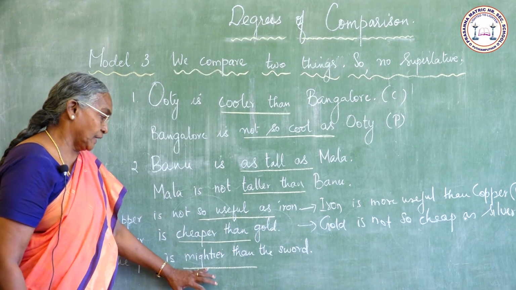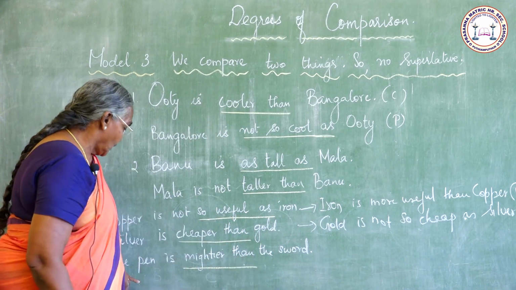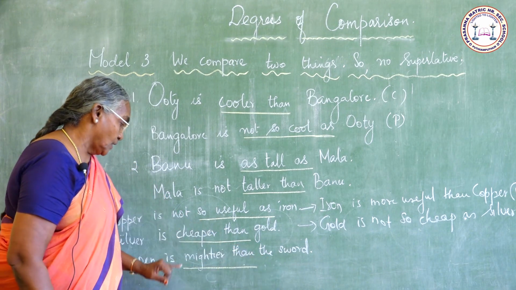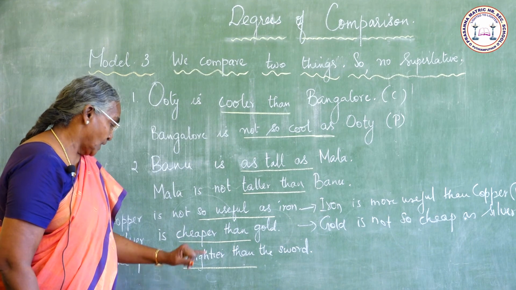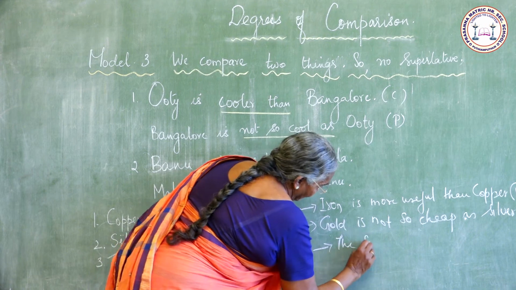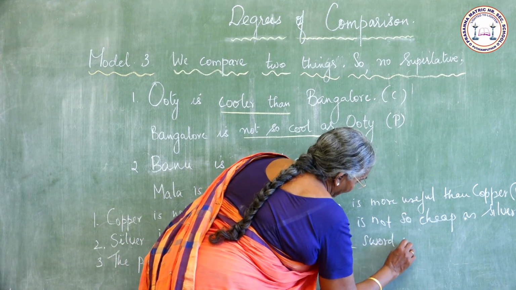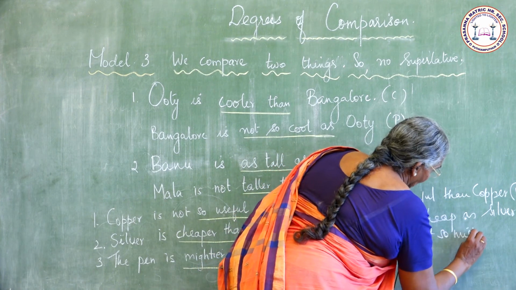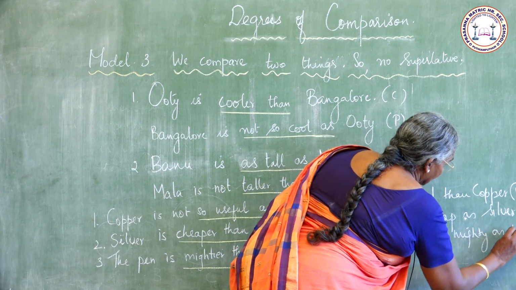The pen is mightier than the sword. So the sword is not so mighty as the pen.